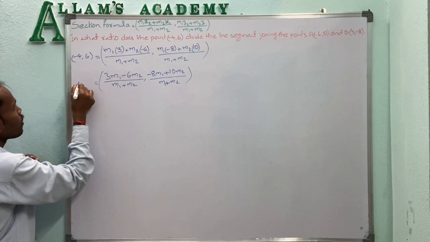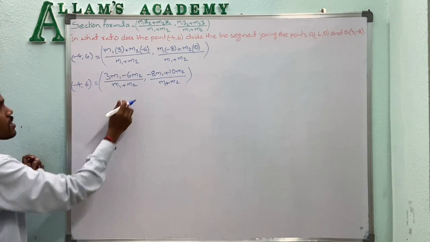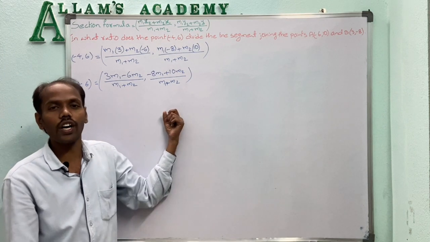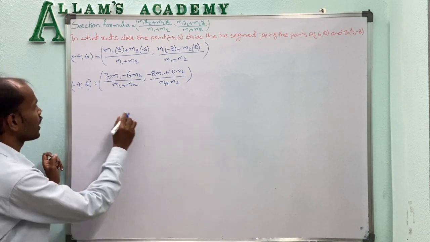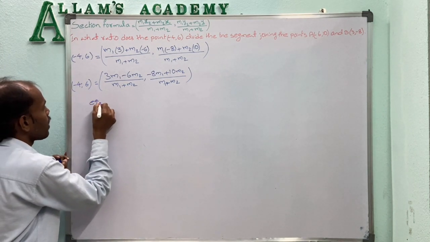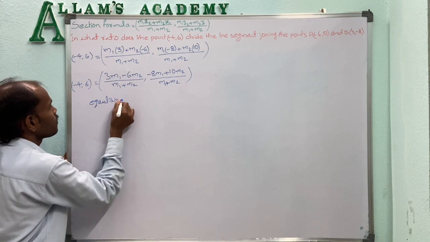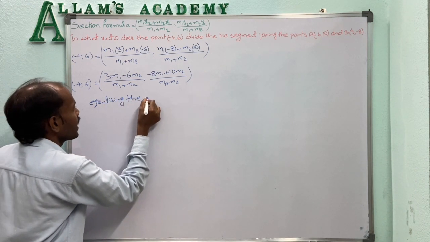Now here both points are equal, that means we have to equalize the coordinates. Any one coordinate we equalize, that is not a problem.